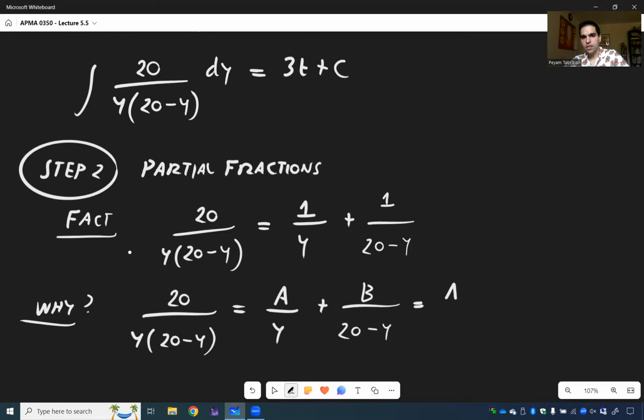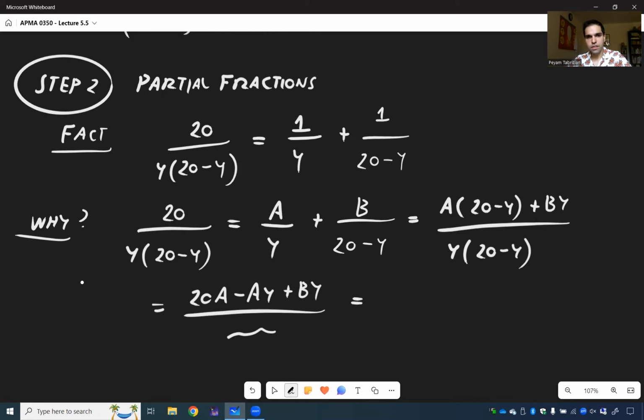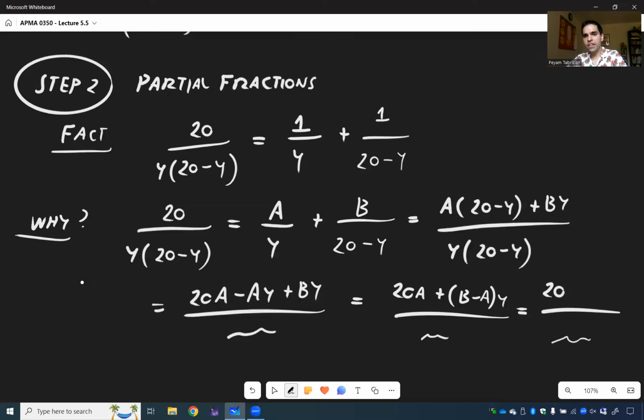And then you get a times 20 minus y plus by, over the whole denominator. So then you split it up: it's 20a minus ay plus by over the denominator. And that becomes 20a plus b minus a times y over this. And we know this is 20 over the same denominator, but it's 20 plus 0y.